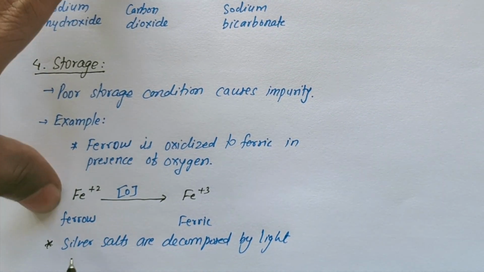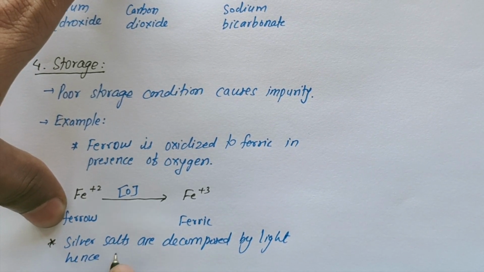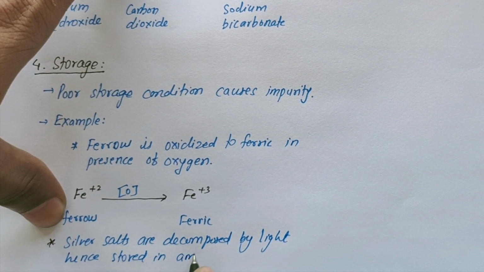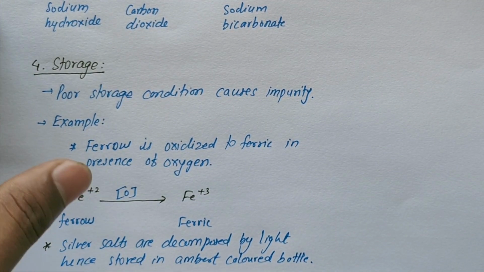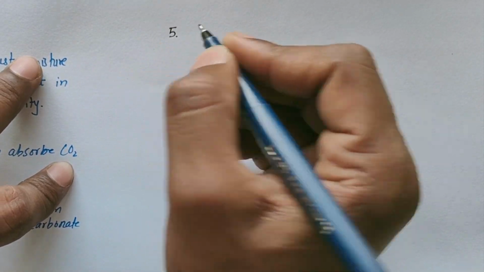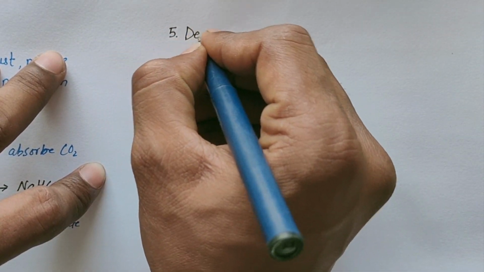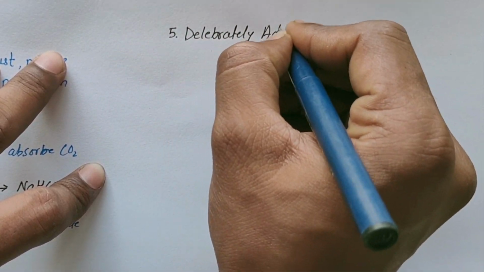Whenever we have silver salts containing final products, we should store them in an amber colored bottle, or where light will not reach, otherwise it may cause impurities.